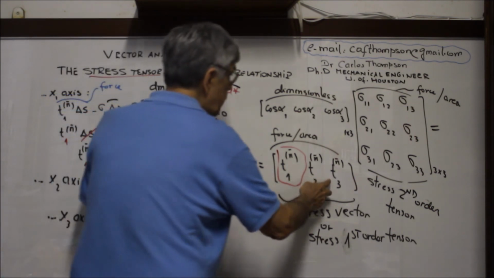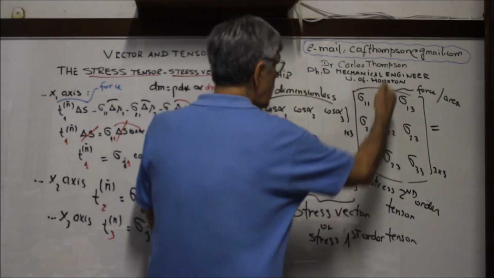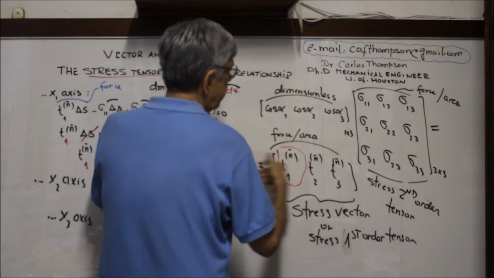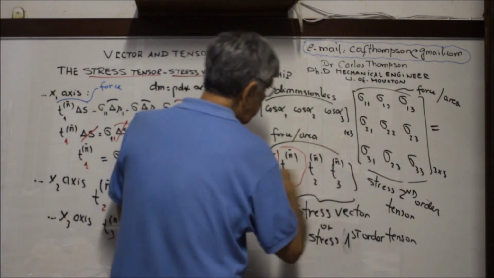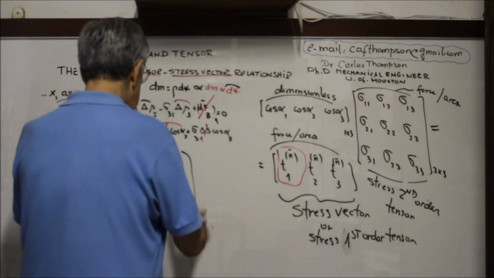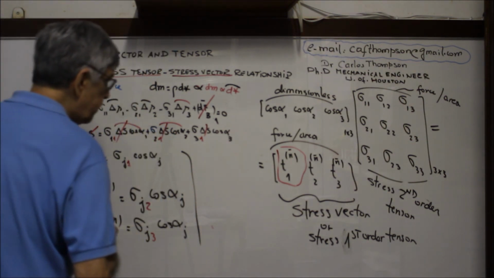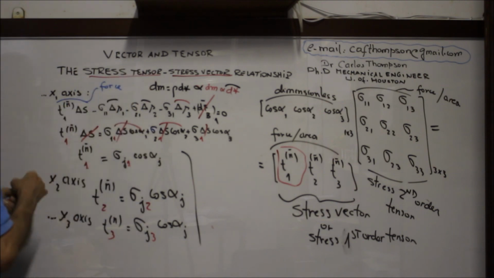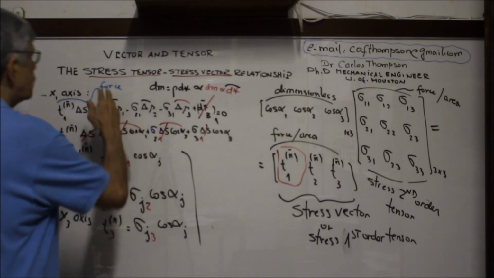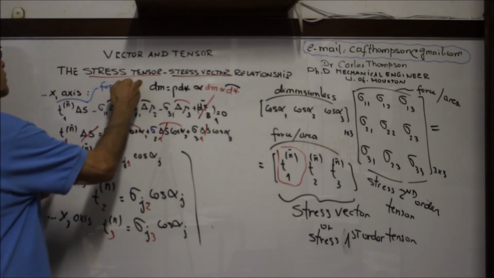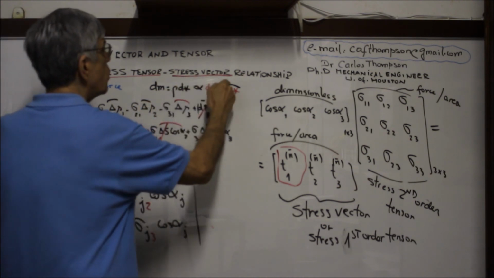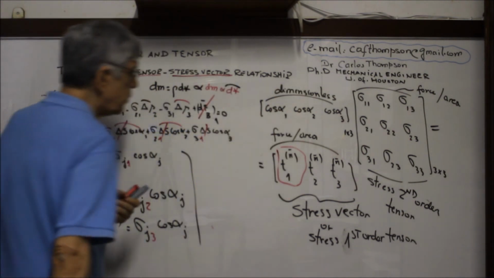Now T2 will be first row, second column, and then T3 will be first row, third column. We represent this as Ti. That's the relation between the stress second order tensor and the stress first order tensor, the vector.